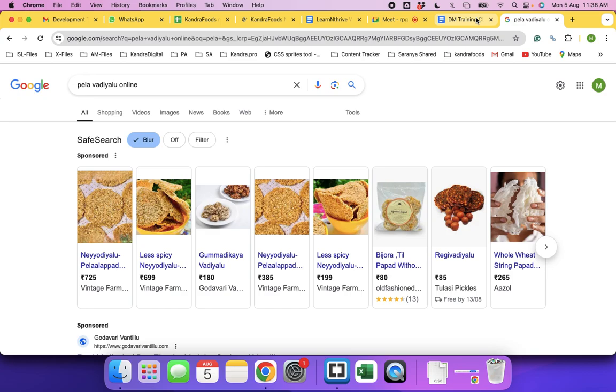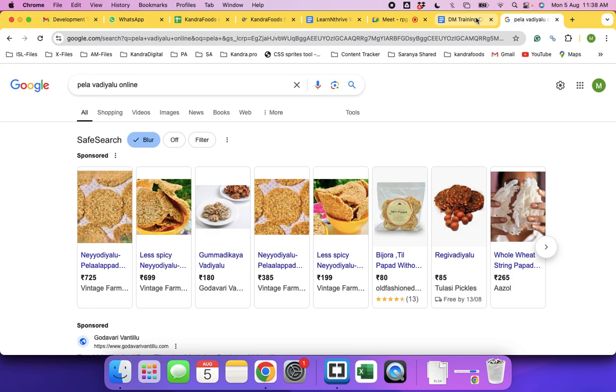So Srikakulam Appadalu are different. They are made of sesame seeds, till, nuvulu, ellu. But then Meenappa, Sindh, Pepper, Masala, all these are different from the top. So I don't want to show ads for all of these things. So I'm adding all of them as negatives.